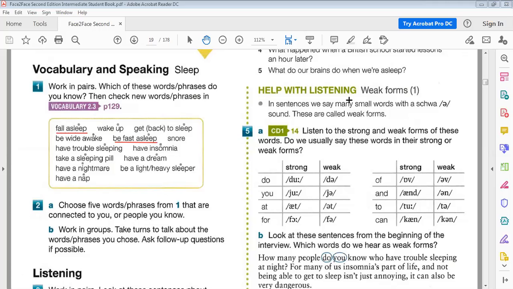Do you have any trouble sleeping? No. Would you consider yourself a light sleeper or a heavy sleeper? A light sleeper. But if you wake up in the middle of the night, is it easy for you to get back to sleep?